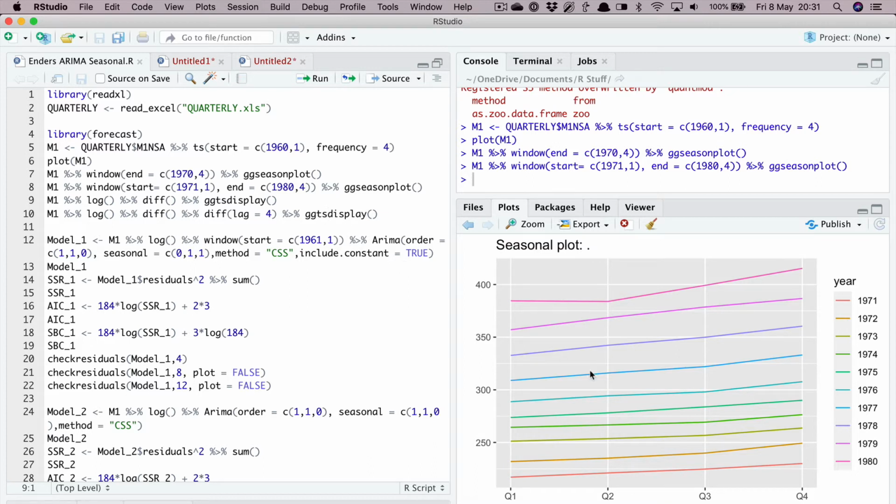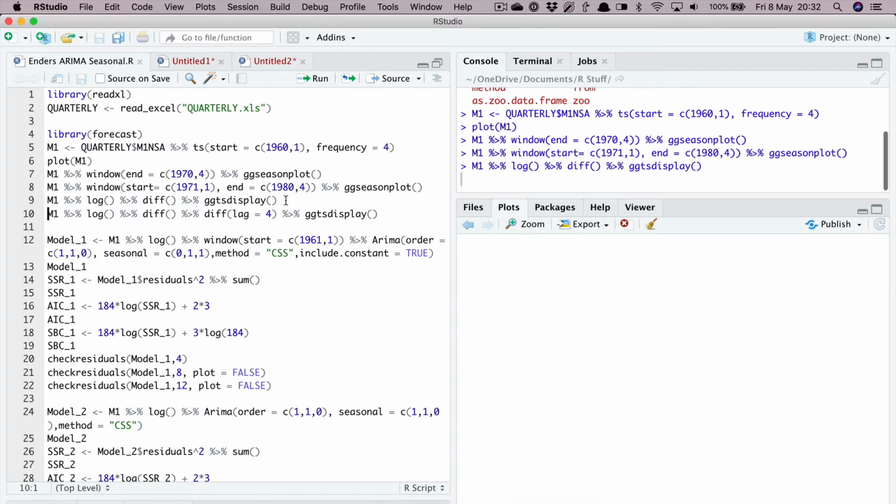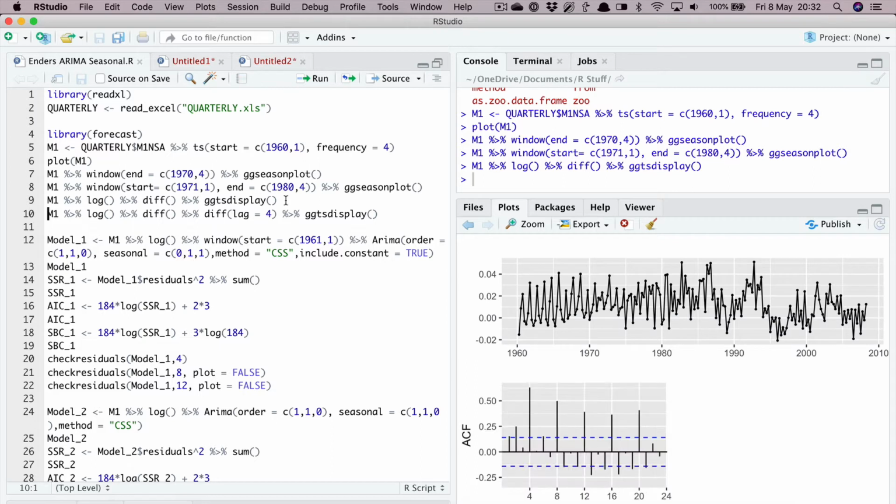In order to, first of all, remove the upward trend that we saw, I'm going to first take the log and then the first difference. So again, using the pipe, taking my data, then logging it, then taking the first normal, non-seasonal difference, then putting it into ggtsdisplay, which I looked at in the previous video, which of course draws the actual data and the ACF and PACF, so we can see all the things together.